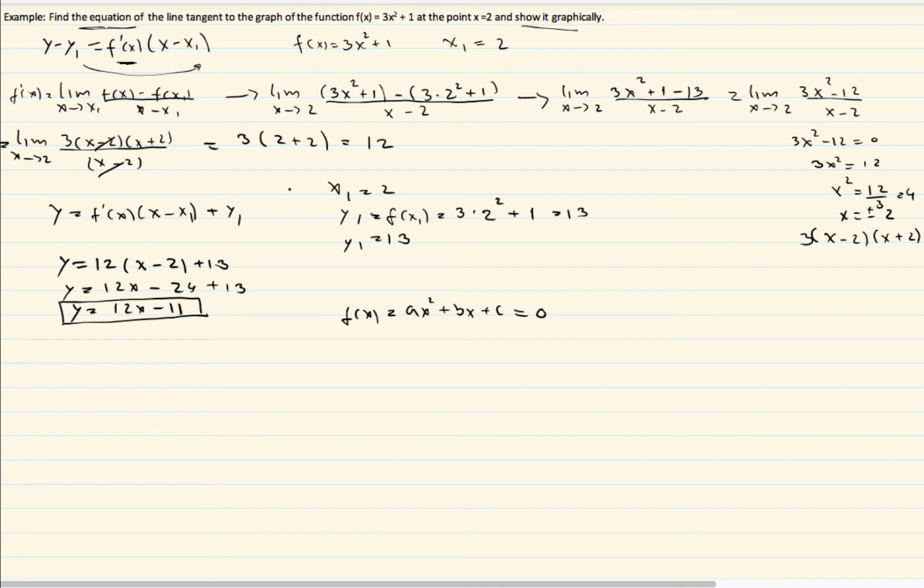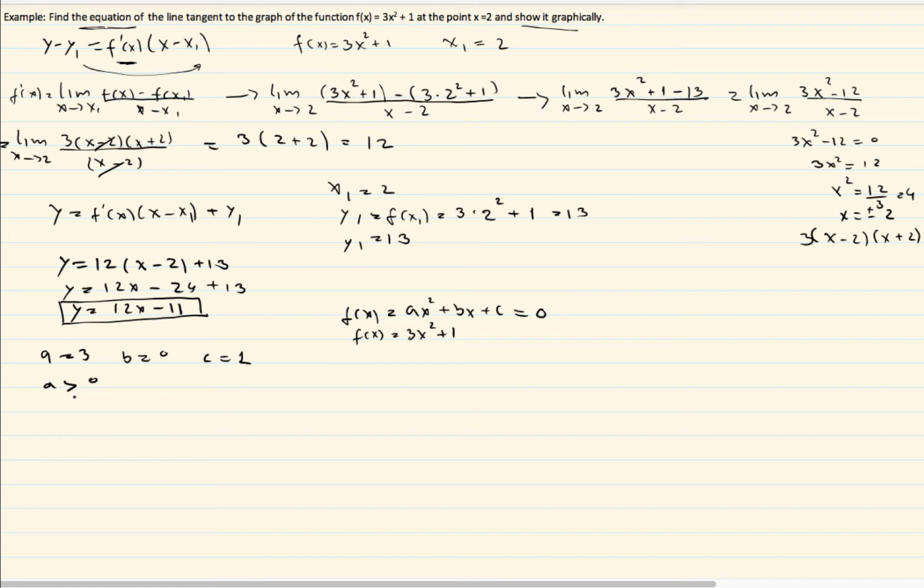To find whether the function is convex or concave, we have to find the values of the coefficients a, b, and c. In our given function, f of x equals 3x squared plus 1, our a is 3, our b is 0, our c is 1. So a is greater than 0.